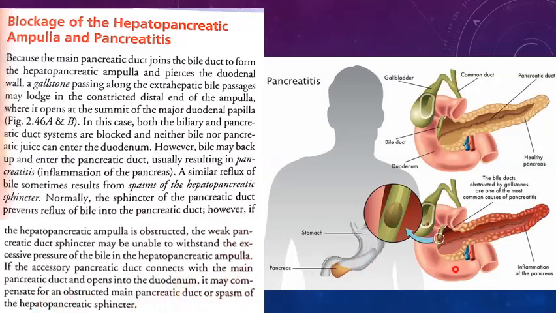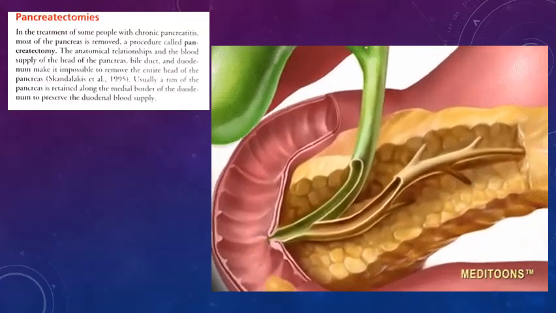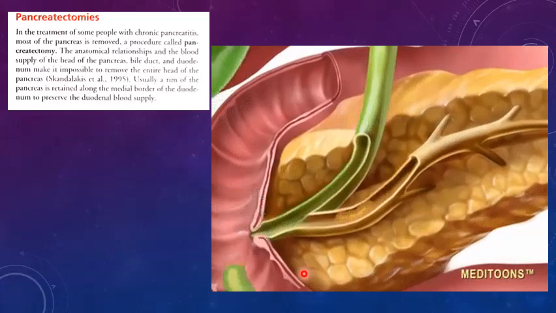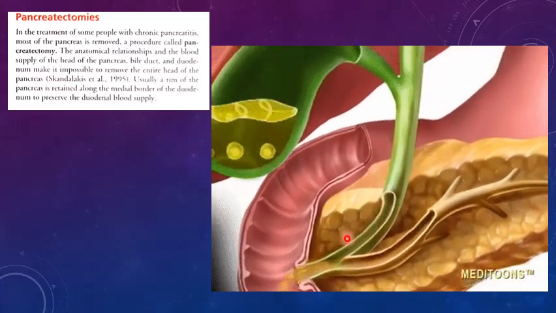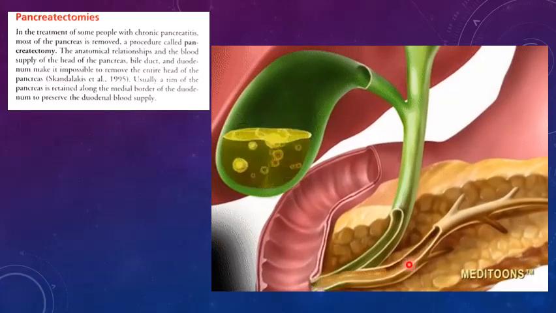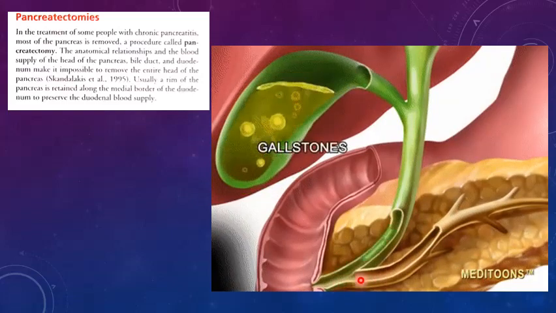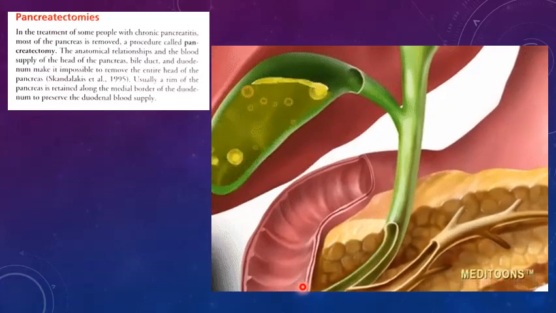So that is the blockage of the hepatopancreatic ampulla resulting in pancreatitis. In this animation we can see how the bile from the bile duct and pancreatic juices from the main pancreatic duct are entering into the duodenum.